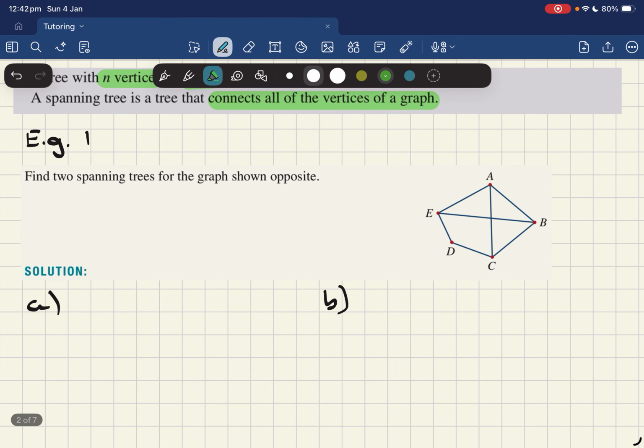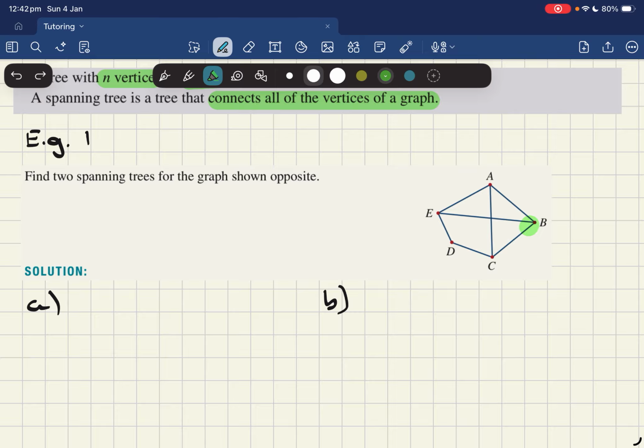Now, in this example, we're to find two spanning trees for the graph shown opposite. Now, you can see in this graph, you will have a couple of bits that cross over and all of the vertices are connected, but it's not a minimum spanning tree. We just want to connect each of the vertices and just make sure that they're there. And we see here as well, we have a cycle here, for example.